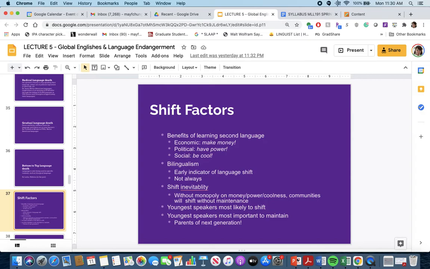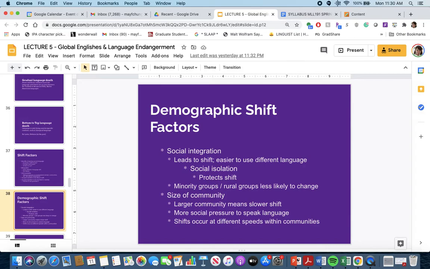So you wanted to learn English and be American as much as possible. So this could happen. The youngest speakers are most likely to shift. That is why it's very, very important, if you want to maintain a language, to focus on the youngest speakers. Not to say that adults can't learn a language and you shouldn't teach adults the language, but the youngest generation will be the parents of the next generation, and like I said, they hold the torches for language revitalization for the next generation. So there could be some demographic shift factors.